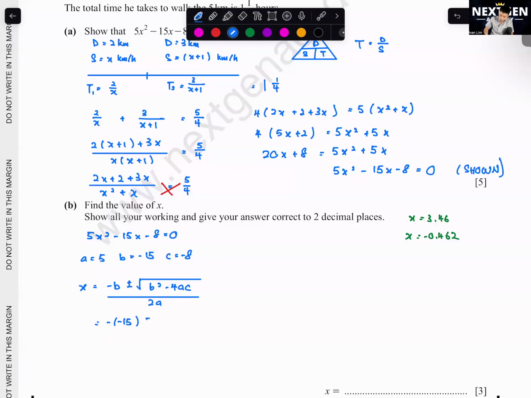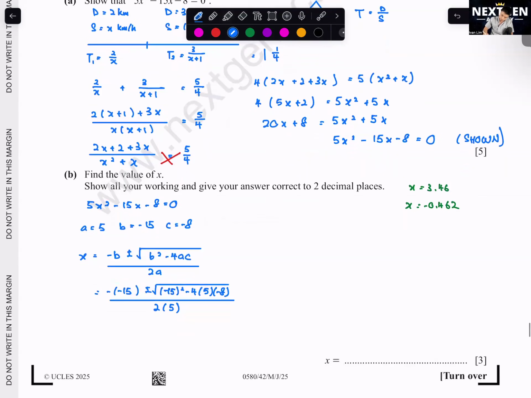Negative 15 plus minus square root of negative 15 squared minus 4AC over 2A. Please show this working. We will get 15 plus minus square root 385 over 10.